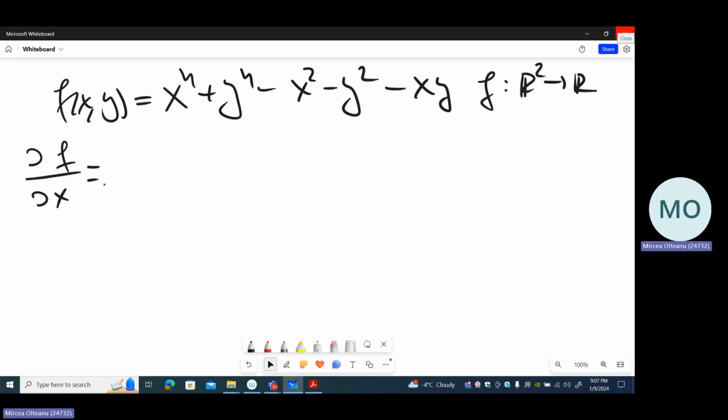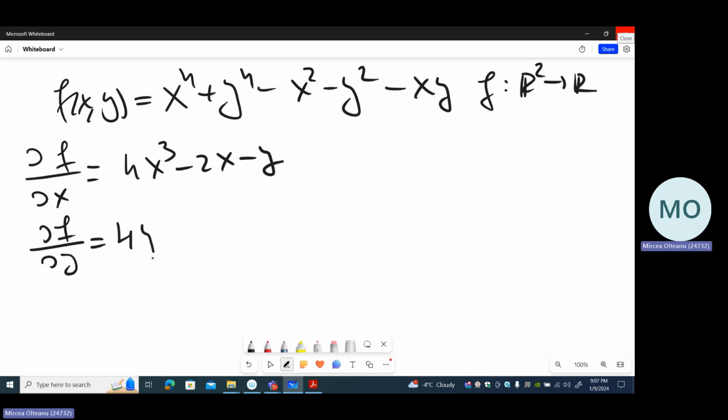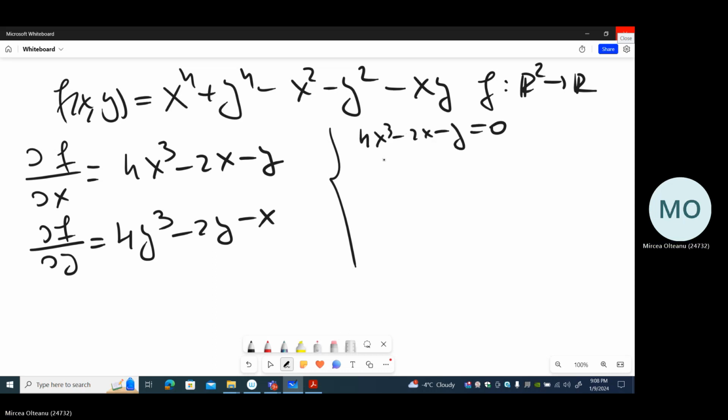We first compute the partial derivatives with respect to x and with respect to y. Now we need to solve the system which gives us the critical points. Usually we solve the system by substitution, but not necessarily.